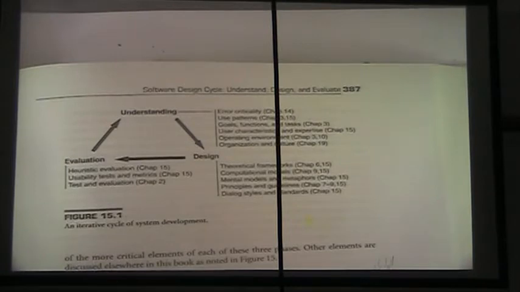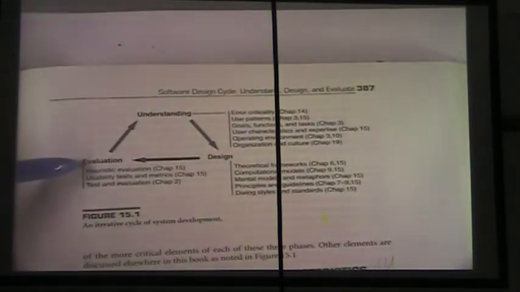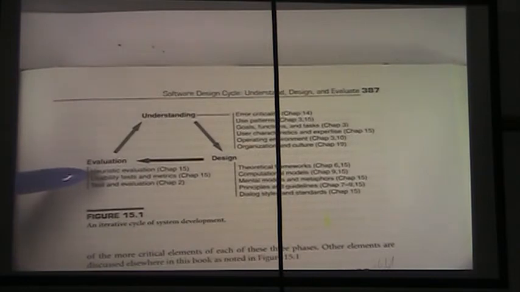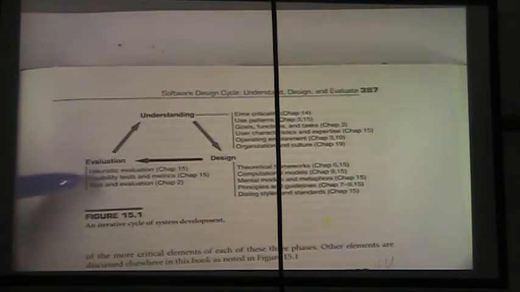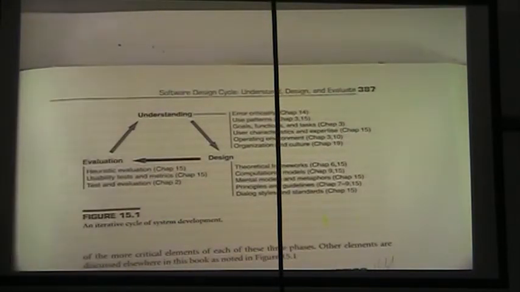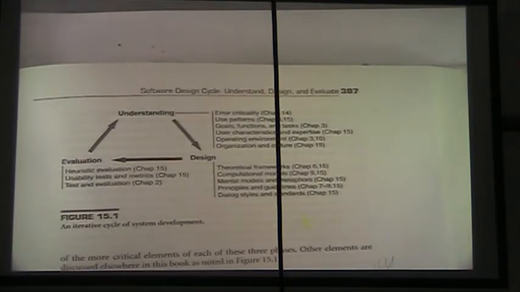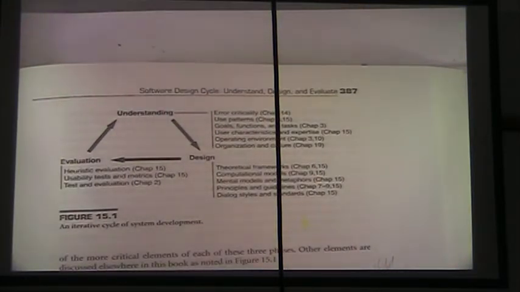And a lot of that we will discuss, if we haven't before, in this chapter. When we evaluate, we use heuristic evaluation, usability tests and metrics, and test and evaluation. Okay, so you can see that then evaluation leads back into understanding.